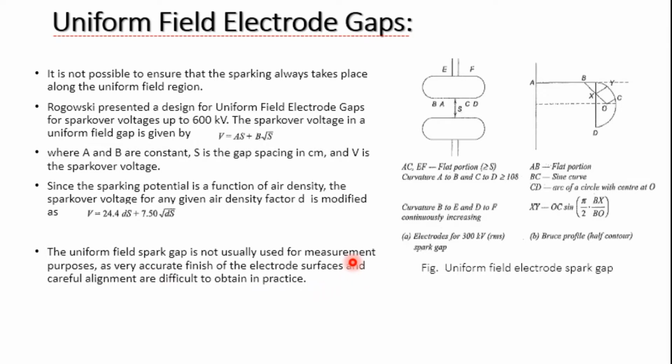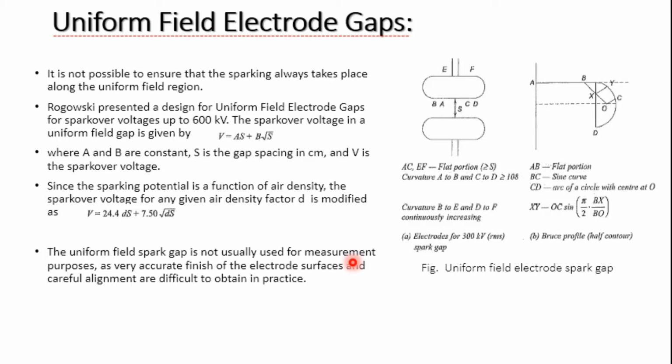So it is very difficult to get for different waveforms. That's why it is not possible to use uniform spark gaps for all measurements of the voltages. The generally accepted way is the standard spheres.